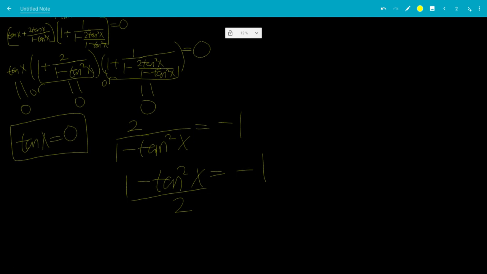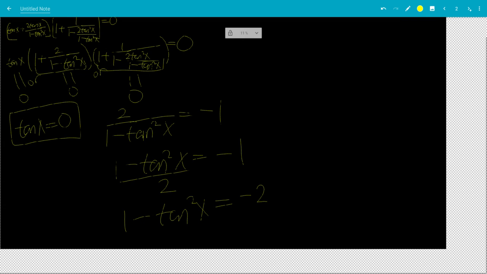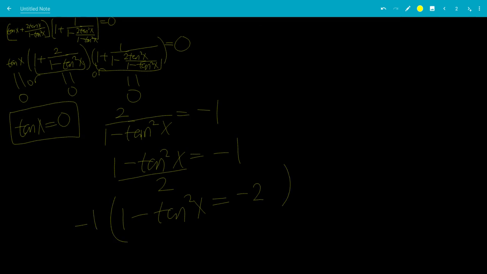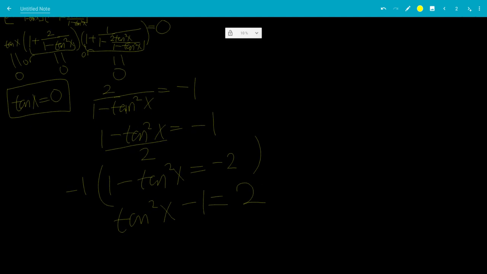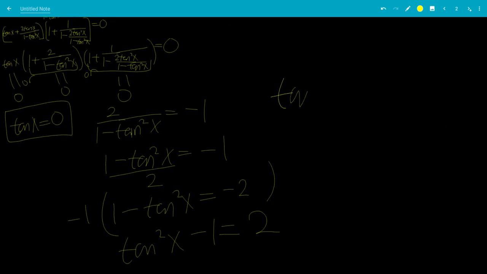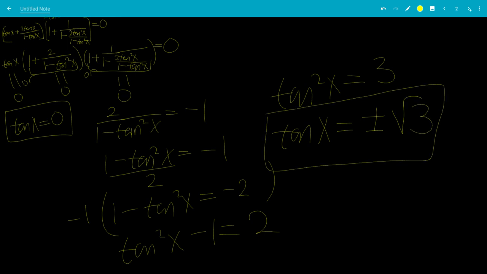Multiply by 2, leaving us with 1 minus tangent squared x equals minus 2. Now let's multiply by negative 1. So we have tangent squared x minus 1 equals 2. Okay, that means that tangent squared x equals 3, or that means that tangent x is plus or minus square root of 3. So those are more solutions.